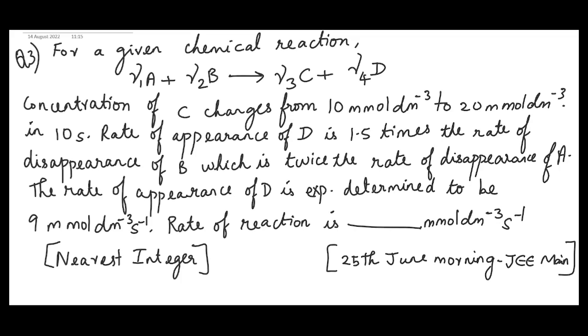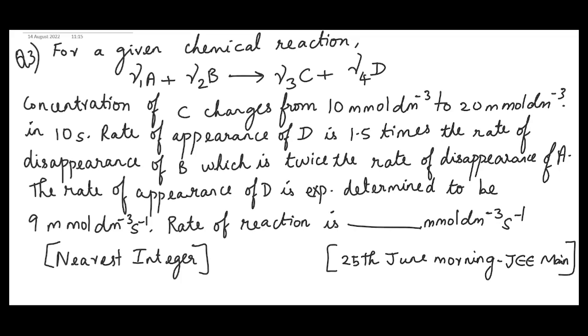This data has also been given that the rate of appearance of D is 1.5 times the rate of disappearance of B, which in turn is twice the rate of disappearance of A. That means the rate of disappearance of B is twice the rate of disappearance of A. The next data given is the rate of appearance of D, which is 9 millimole dm power minus 3 second inverse.